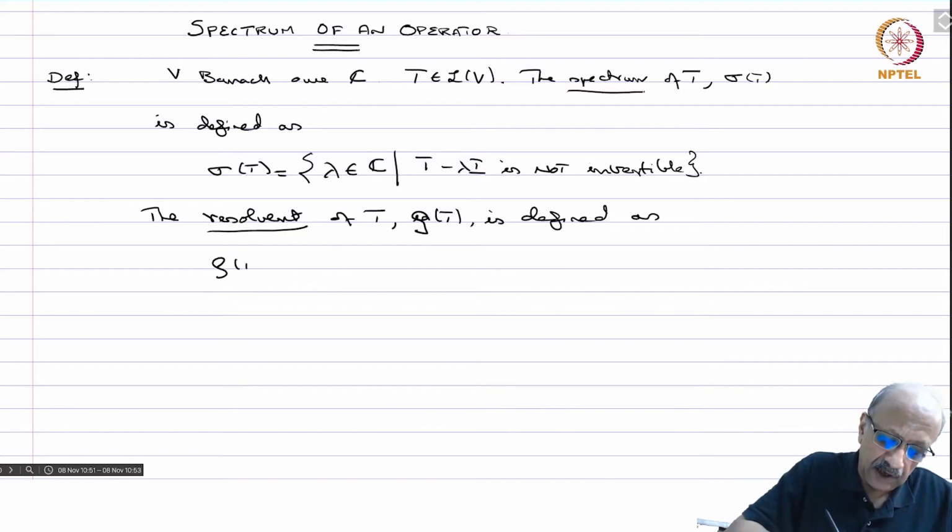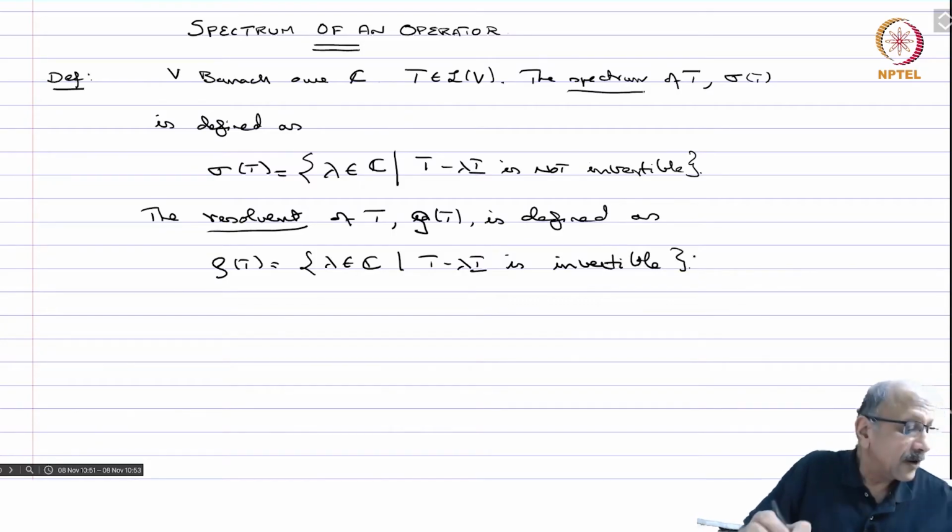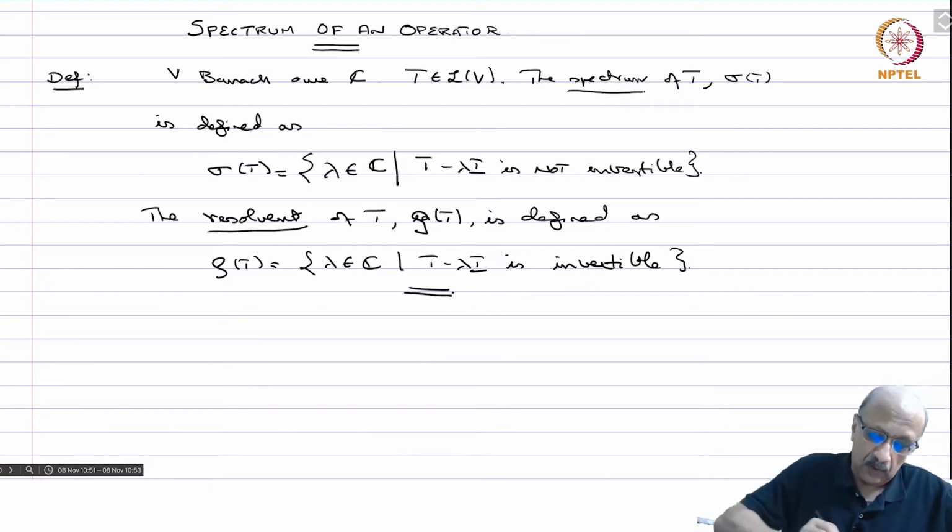So rho(T) equals the set of all lambda in C such that T minus lambda I is invertible. So we want to study the properties of the spectrum of a given operator.